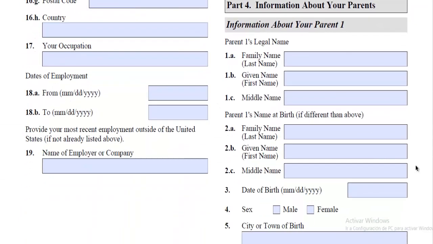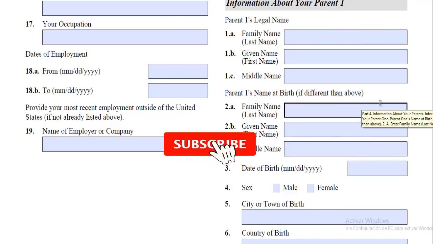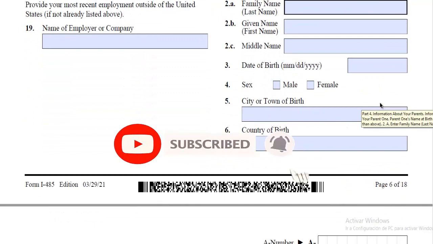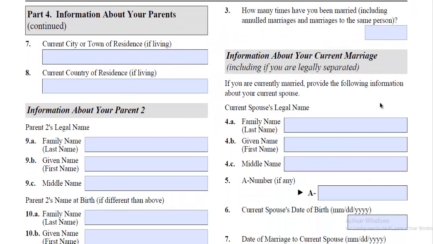Parent 1's legal name, and if they have changed their name after birth. Let's say your mom was married to your dad. Obviously she will have that legal name if she changed her last name here in the first part, and in the second part, her original name. Then date of birth, city or town and country of birth, and residence for both parents.